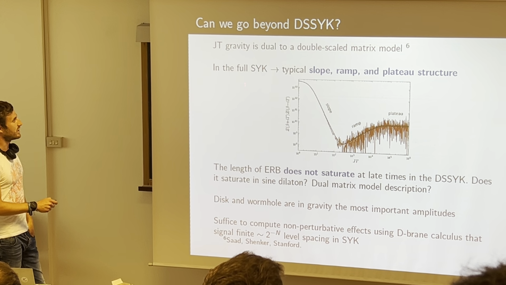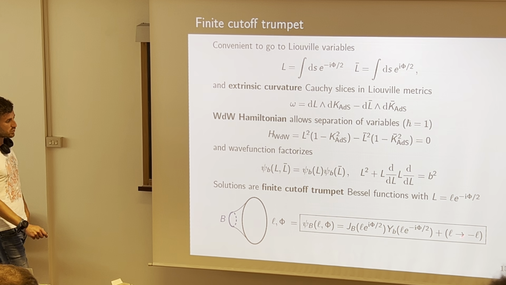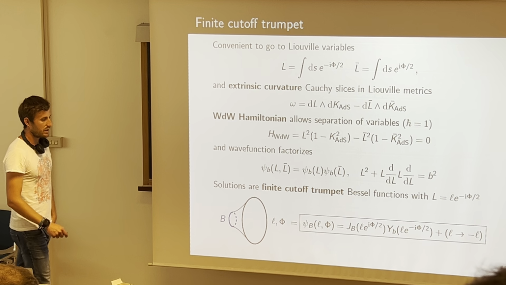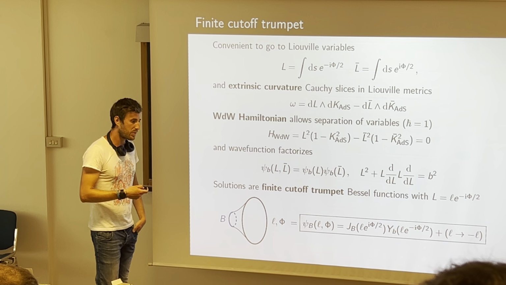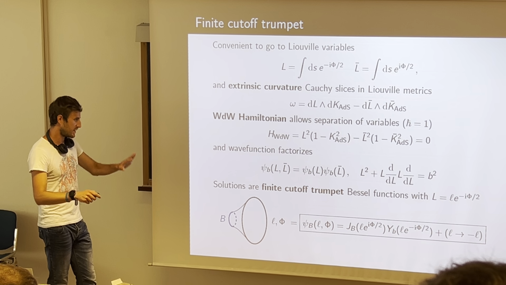And the wave functions are given by Bessel functions. In particular, I have a basis with the Bessel J functions and the Bessel Y functions. But it turns out that I need to construct this particular combination, as we will see soon, to construct a wave function that has the nice property that I want in the asymptotic limits.